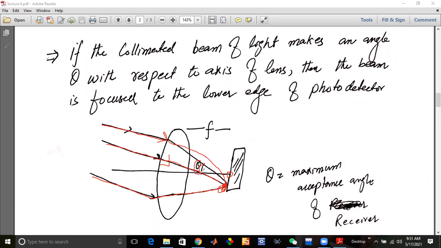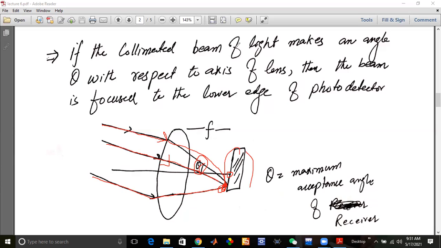So what is the effect of this theta? When this theta becomes large, maybe it will not be concentrated at the surface of the photodetector.